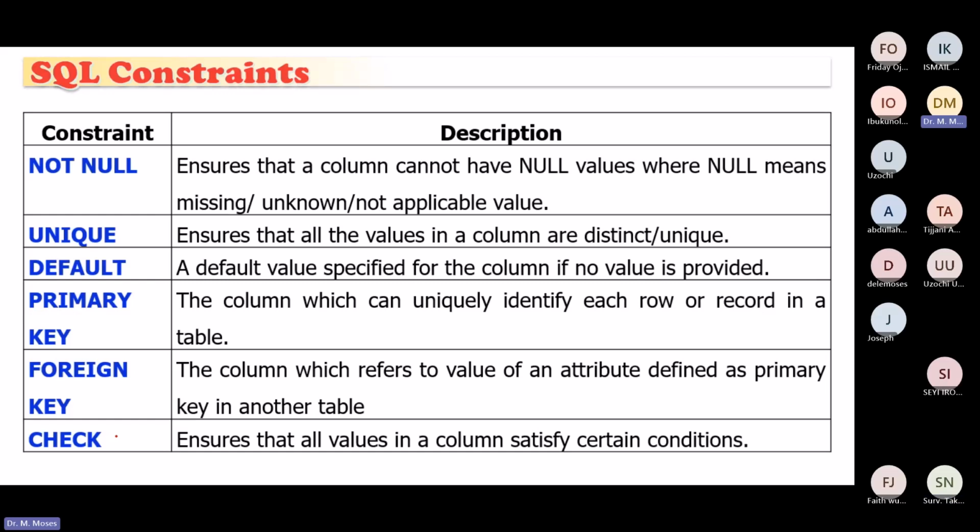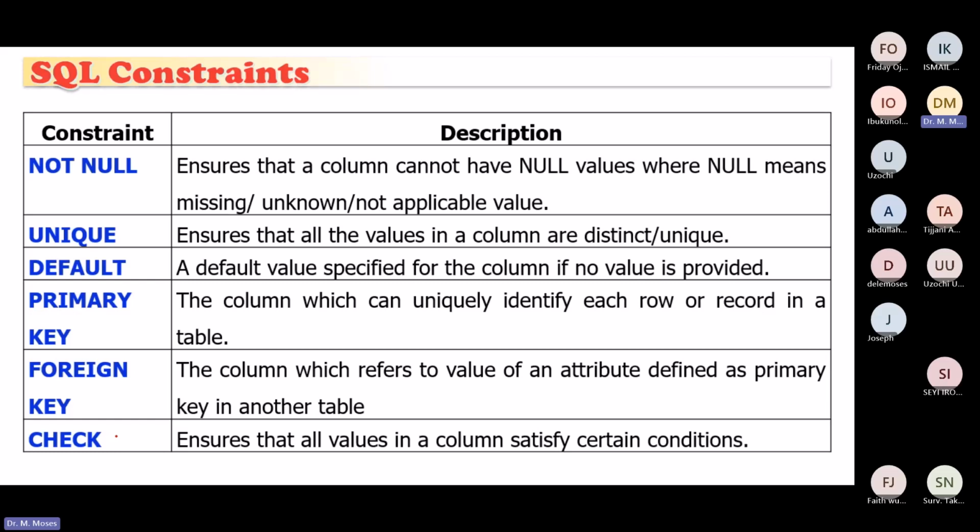If you are carrying out your work, maybe latitude and longitude in Nigeria, you want to put a check to ensure that a user does not enter a longitude and latitude that is more than 2 to 15, for example. Once the location is outside that range of latitude and longitude, the database will reject it. So you use check to ensure that values are entered and validated at the point of entry.